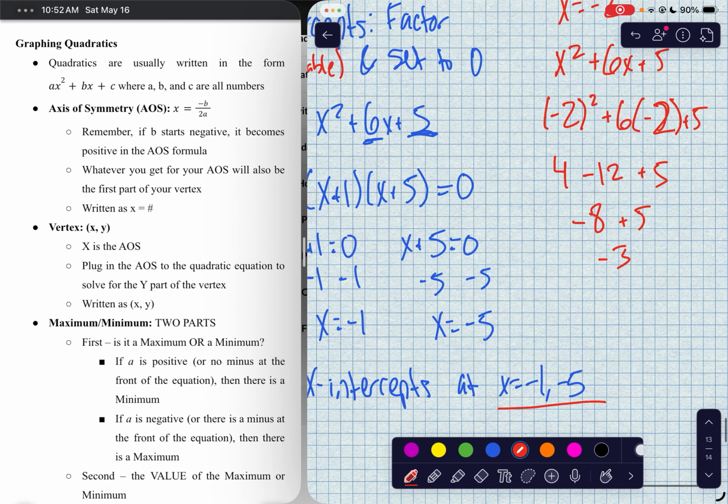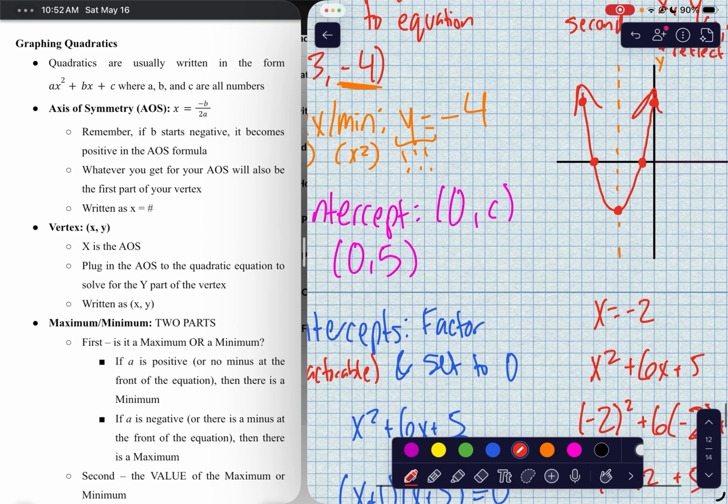So when we plugged in -2, we got -3, right? So that means that (-2, -3) is a point on our graph. So x = -2, down 1, 2, 3, right there. And then we reflect that right there. So our graph was pretty decent. So if you can't find your x-intercepts, that's how you find your 4th and 5th point, okay?